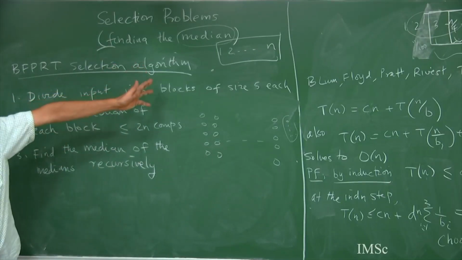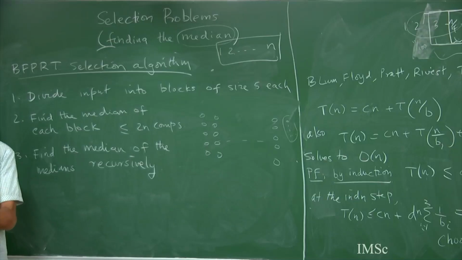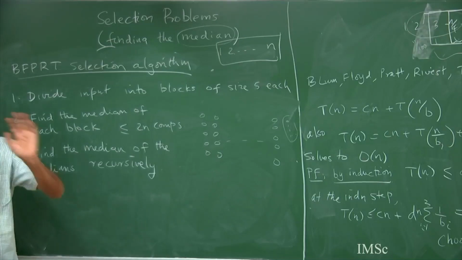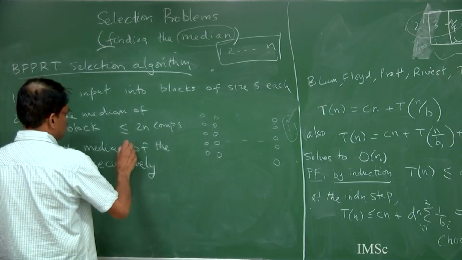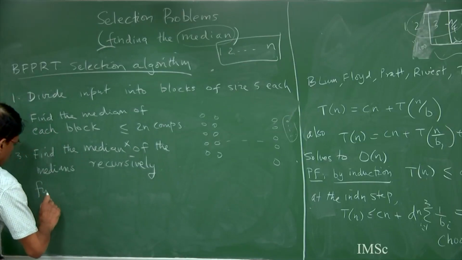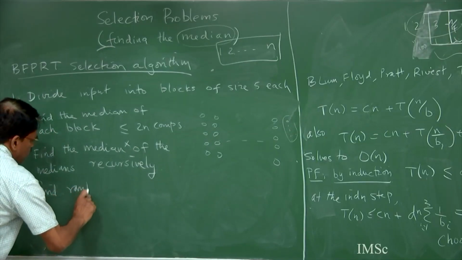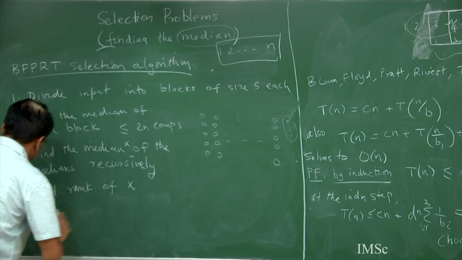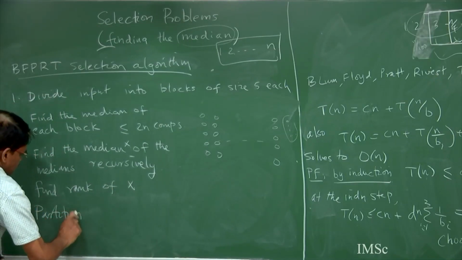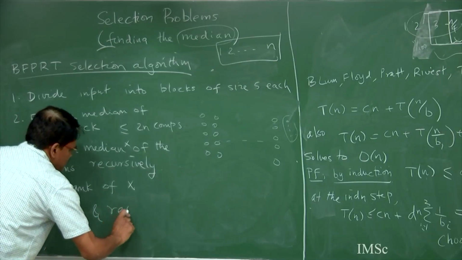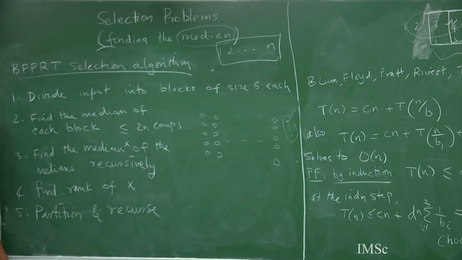After that it follows that algorithm, compare everybody with this, depending on the rank of this element, recurse here or there, right. I'm going to just briefly write this as partition and recurse, but you know what I mean. It's exactly as in the quick select algorithm, right.